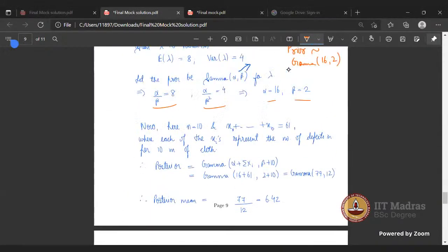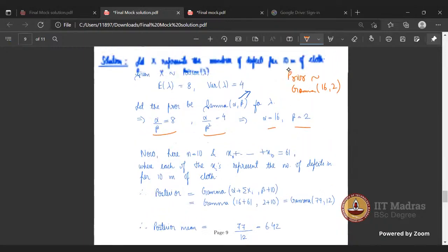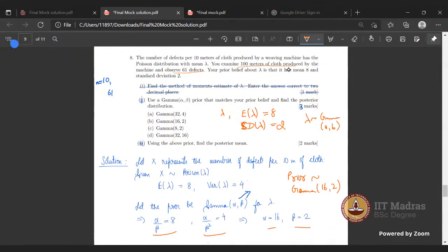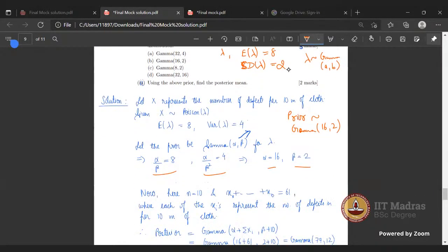In the solution, it is mentioned directly because in the lecture we have already seen that if the sample follows the Poisson distribution and the prior on the parameter is the gamma distribution, then the posterior comes out to be the gamma distribution.